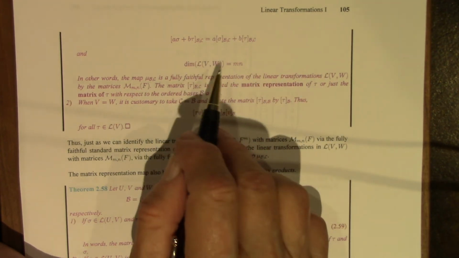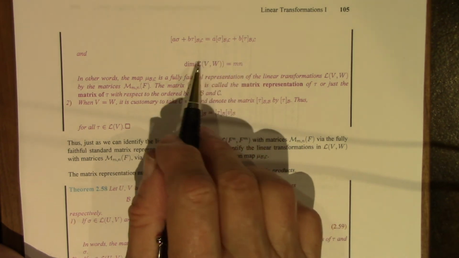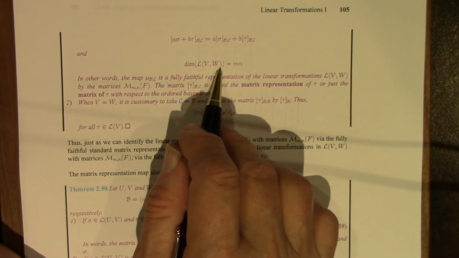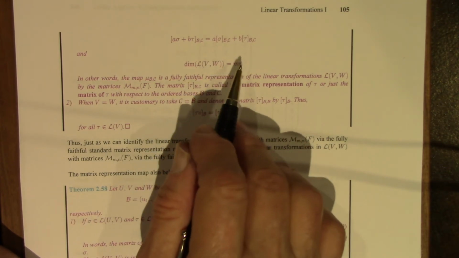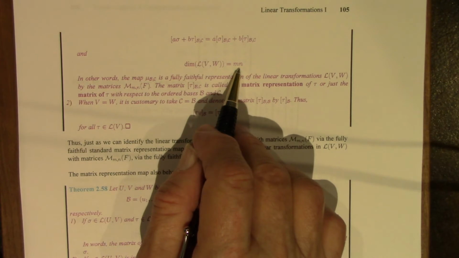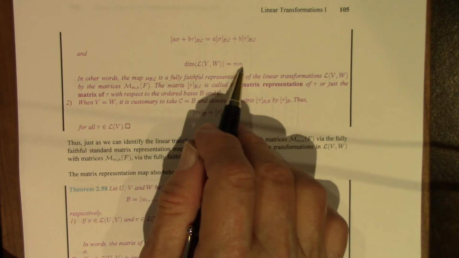This also tells us, because of this isomorphism, that the dimension of the vector space of linear maps from V to W is the same as the dimension of the vector space of m by n matrices, and that has size m times n.